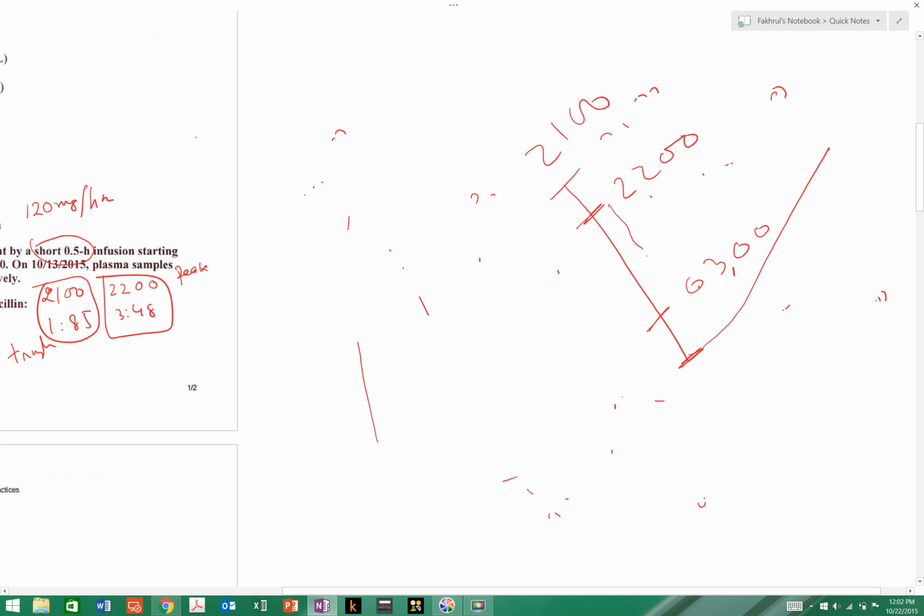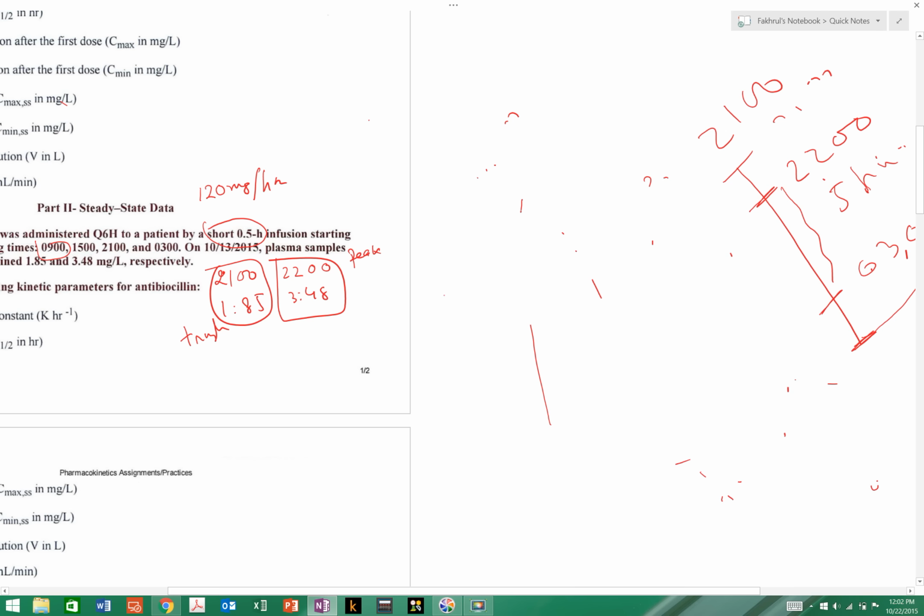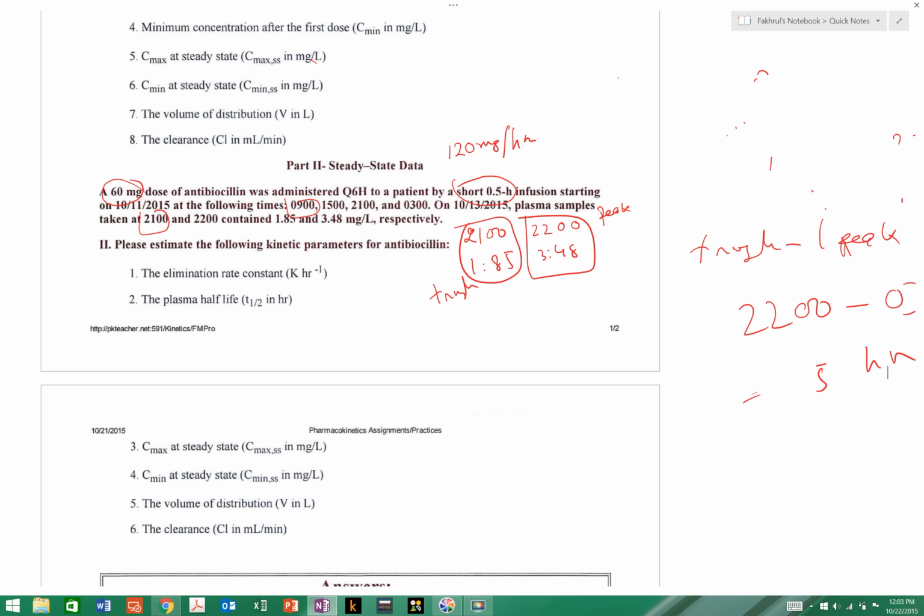So this would be how many hours? 5 hours. So T trough minus T peak: T trough is 0300 a.m., or 2700, and T peak is 2200, which is 10 p.m. So 10 to 3 means 5 hours. T trough minus T peak is going to be 5 hours.